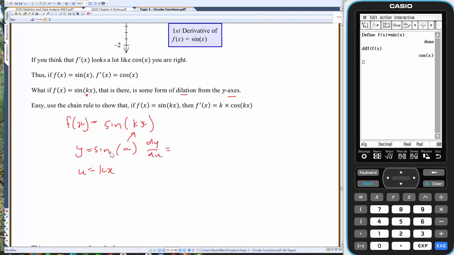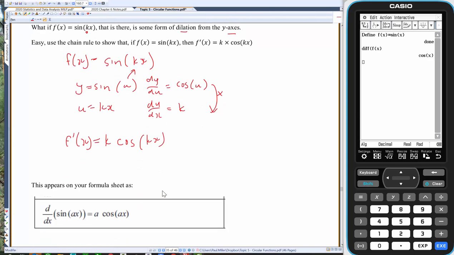We already know that the derivative of sin u is cos u, and du/dx is k. So we multiply these two together and make the u substitution. So f'(x) equals k multiplied by cos(kx). And there's our derivative.